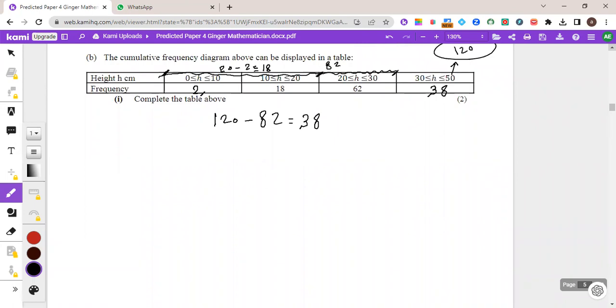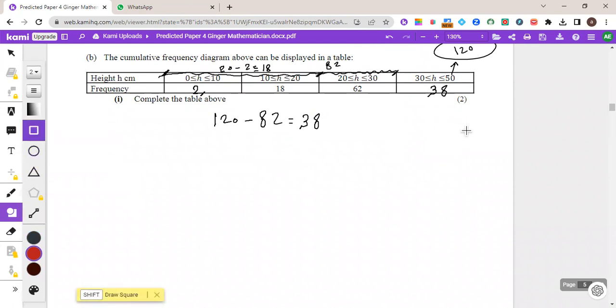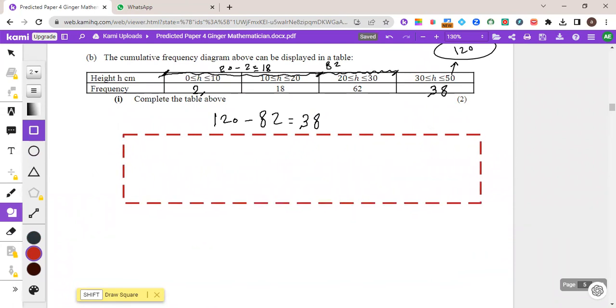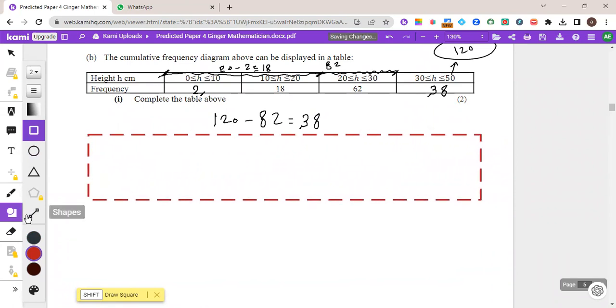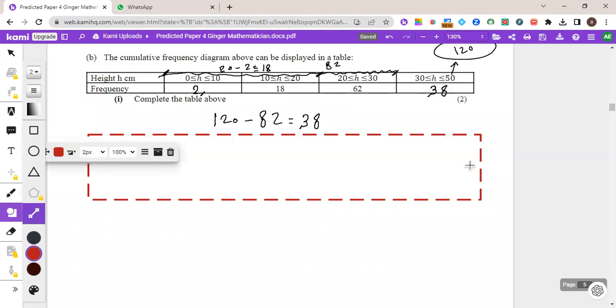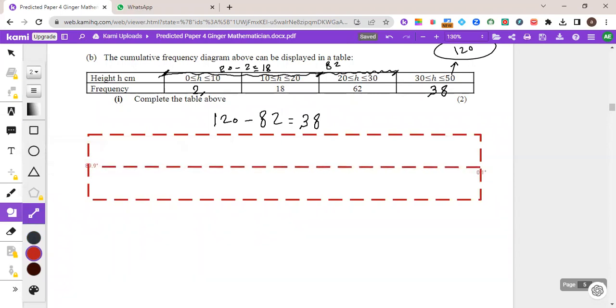هنعمل لكل واحدة مثلا 0 plus 10 over 2. نجيب المد، فنجيب ال 5 هنا 5 15 25 و 40. بعدين هنعمل المد multiply by the frequency over the total. Yes, برافو عليك.